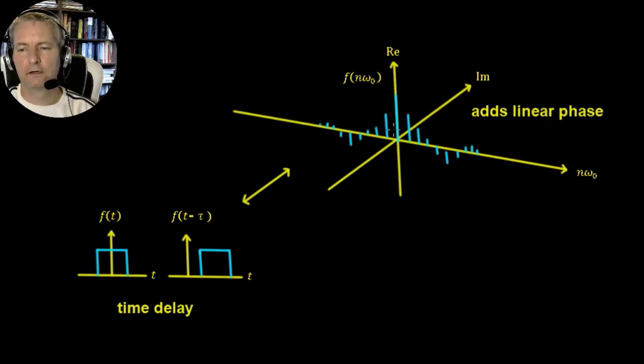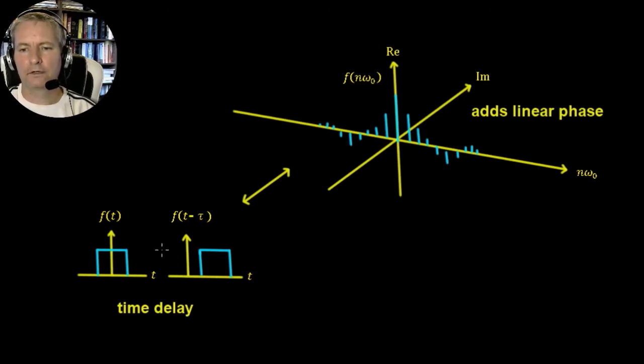So we can think about each of these components here as phasors rotating round about this n omega naught axis. So they can rotate round, say, in a clockwise direction, or at the other side here in an anti-clockwise direction.